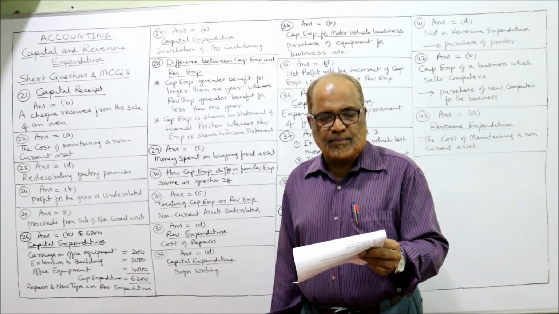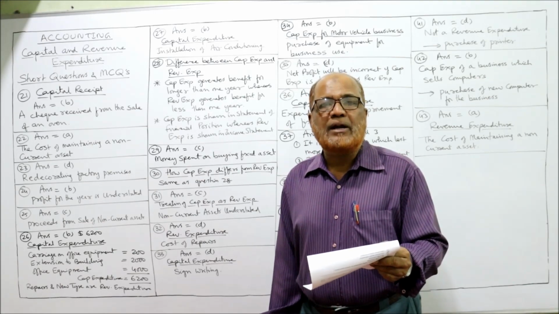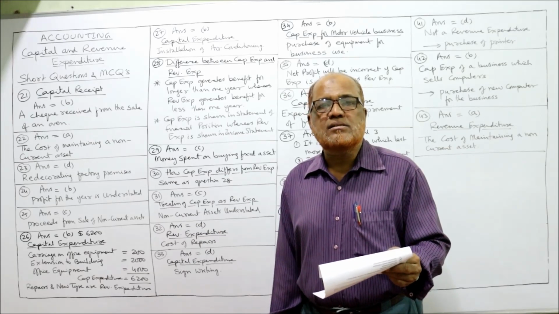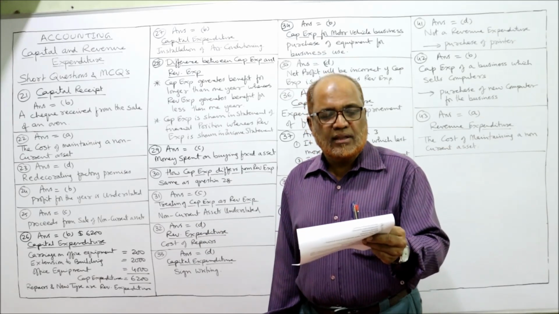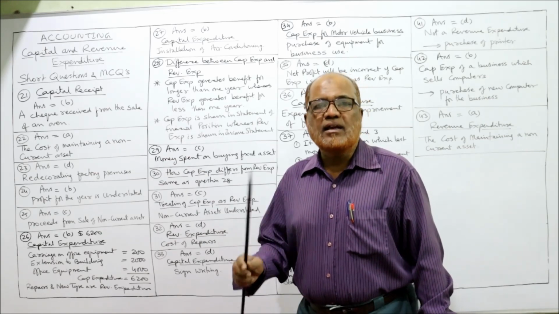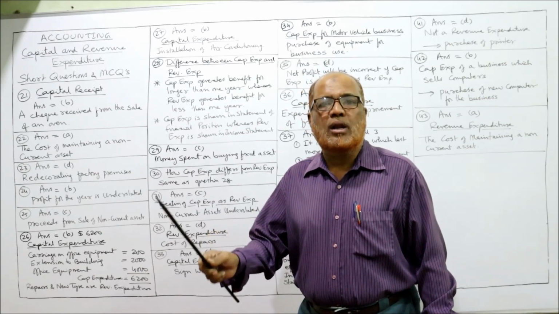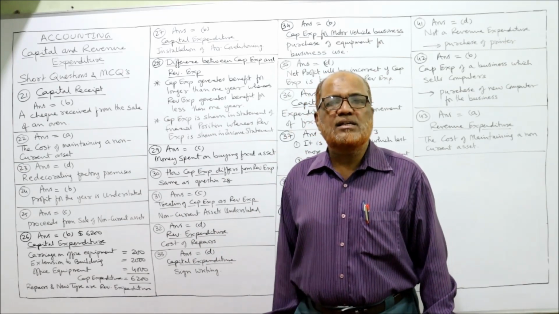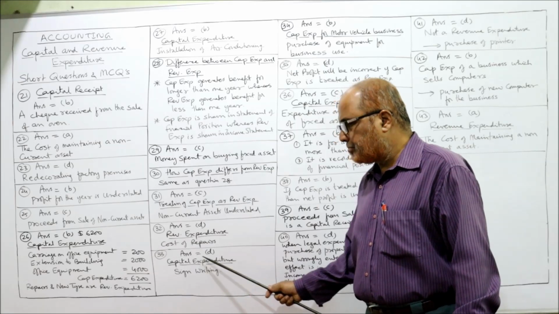It's a revenue expenditure. First tank of petrol. It's a revenue expenditure. Then road license. It's a revenue expenditure. Third, sign writing. It's a capital expenditure. Sign writing is just like a logo or number plate. It will be done only once. So sign writing is a capital expenditure.